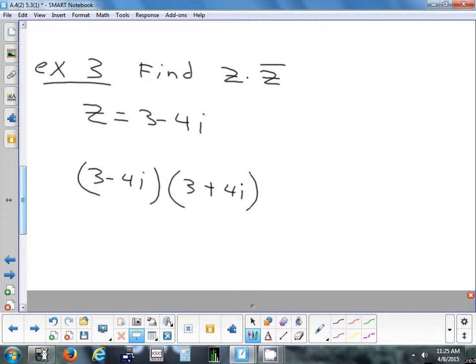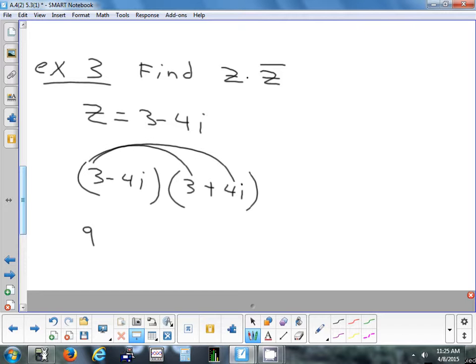Just by looking at it, I already know the answer is 25. I don't have to do it out. Okay, let's do it out, see what happens, and then see if we can figure out a shortcut to doing it in our head. All right, so first thing we do is 3 times 3, which gives me 9.